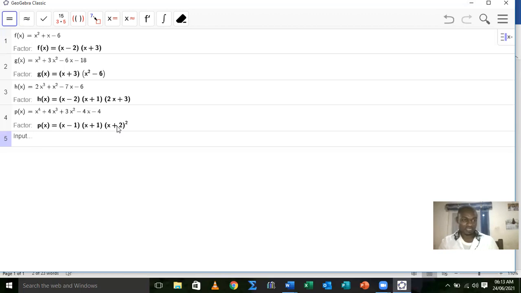This concept can also be shown using the CAS submenu. How do we do this? We simply get the derivative of this polynomial, p of x, and show that at the point x equal -2, the derivative is 0, which is a sufficient condition for a turning point.